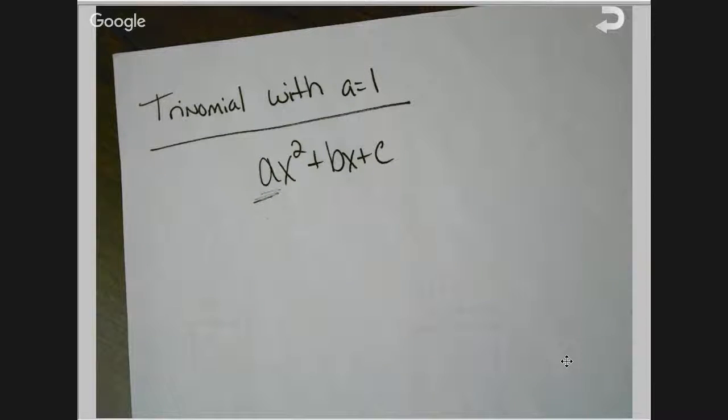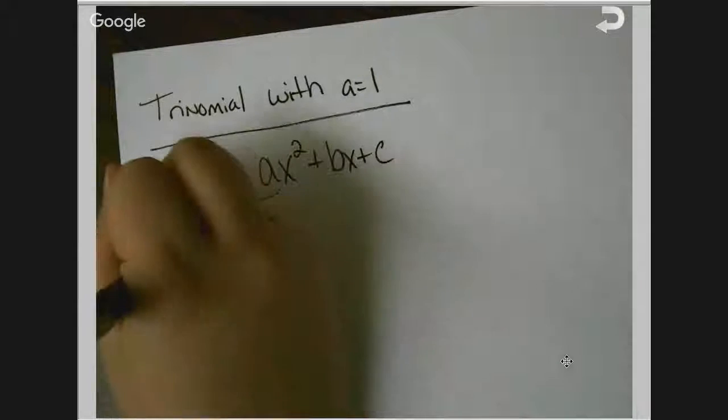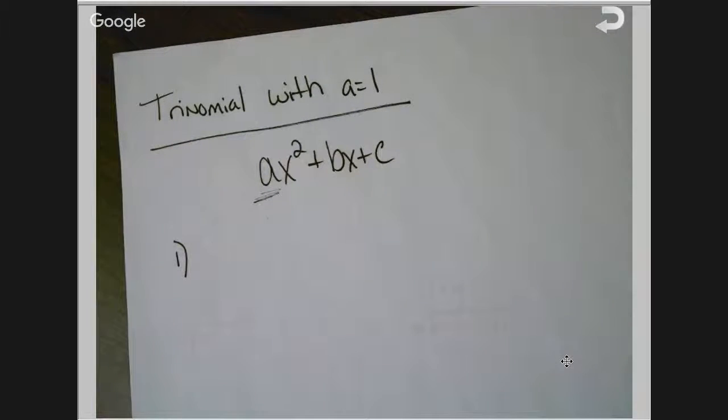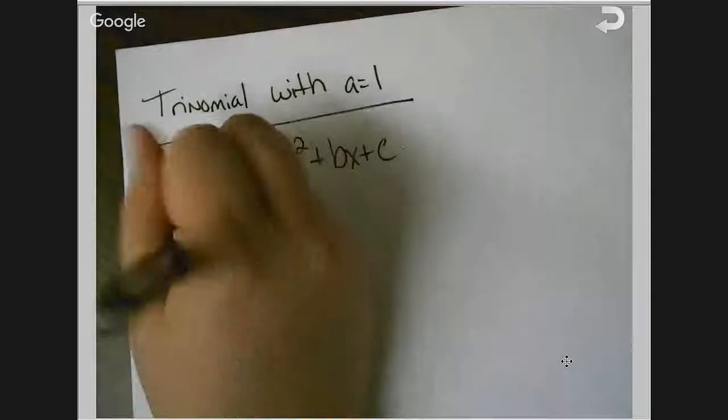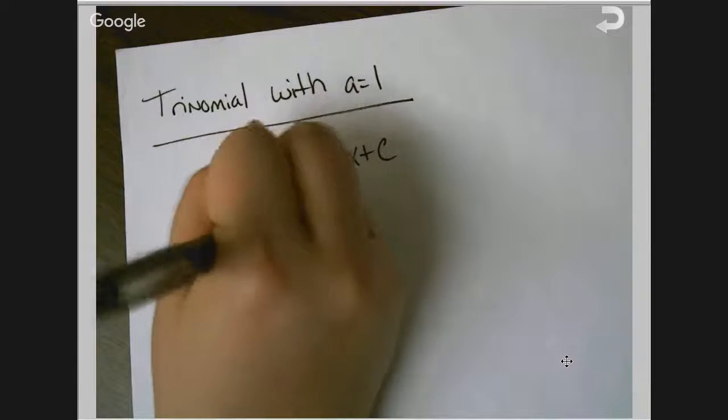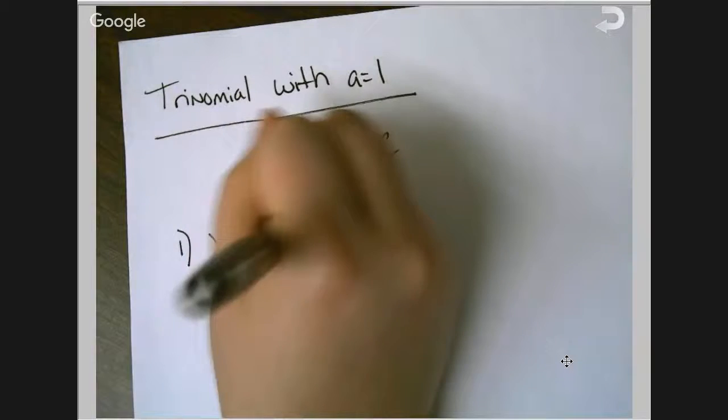Usually it would not be written though. So let's do x squared plus 3x minus 10.